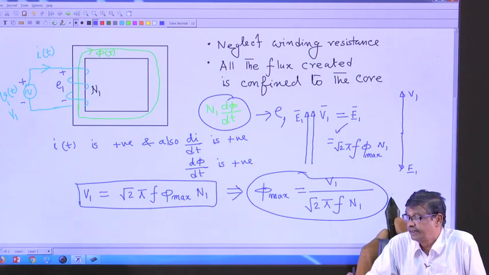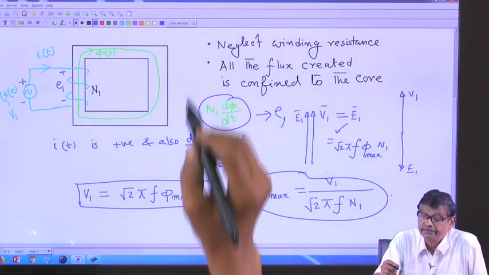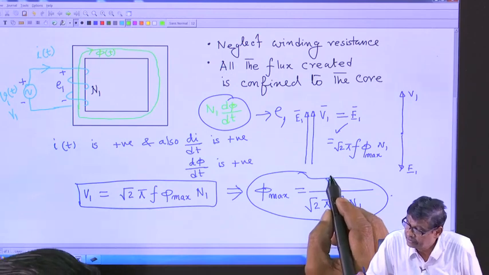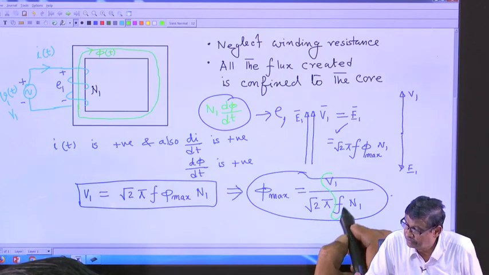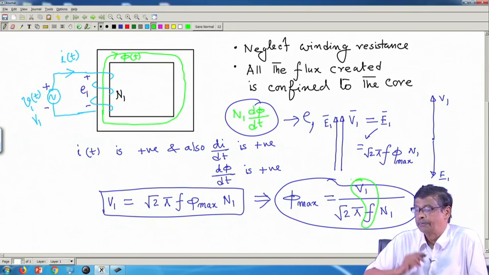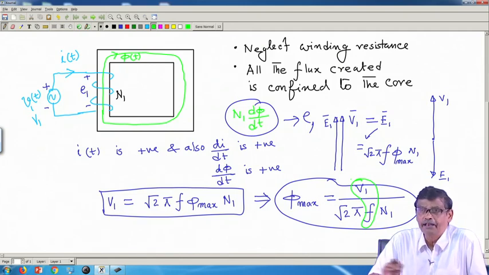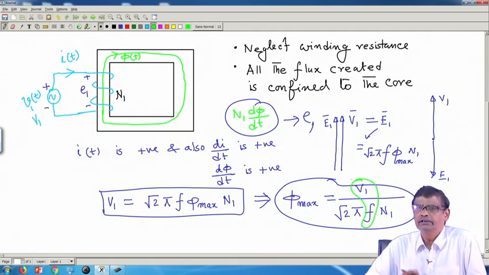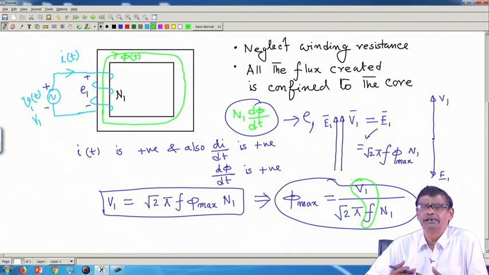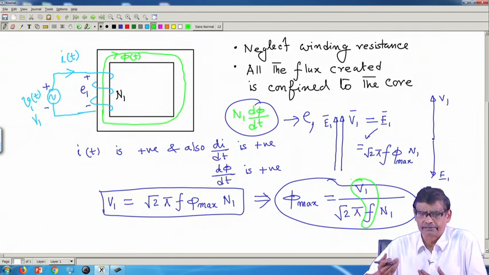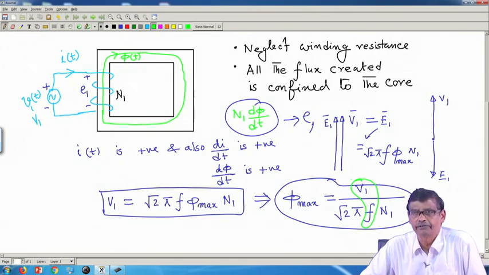Phi max gets decided. Decided by whom? Decided by these two numbers, the RMS value of the supply voltage and the applied frequency. Of course, this is the peak value of the flux. How is flux changing? Sinusoidally. If you want to describe it, write phi max sine omega t or phi max cosine omega t, whichever is convenient to you. This flux is also sinusoidally varying with the same supply frequency f.